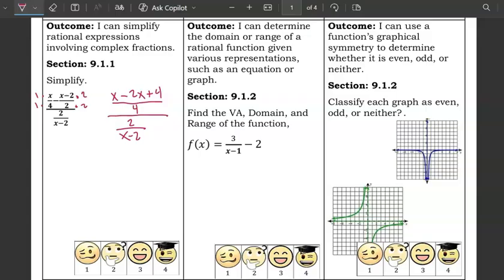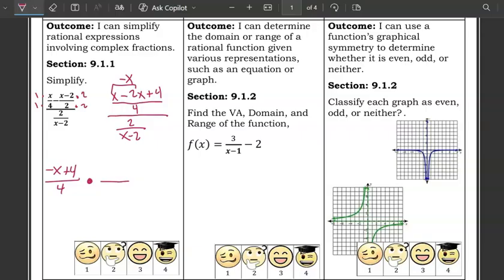Now we have a division problem where we're dividing two fractions. So then we can write the first fraction, negative x plus 4 over 4, change the division to multiplication, and flip the second fraction, x minus 2 over 2. From there, we can multiply straight across.